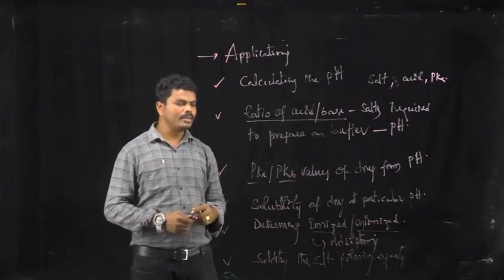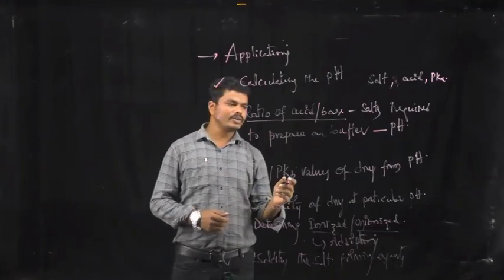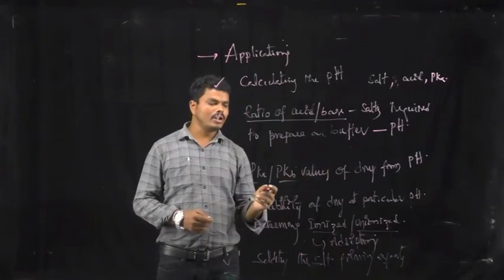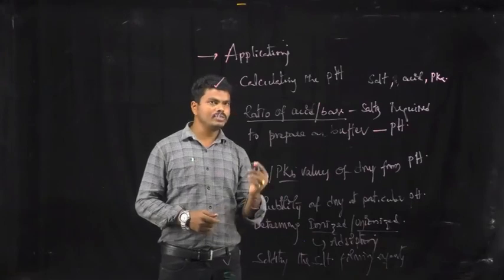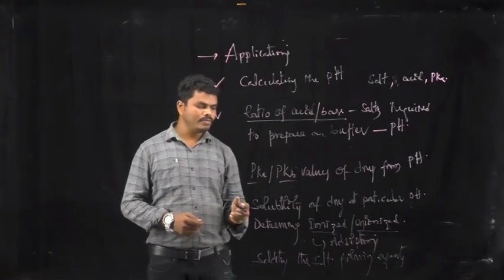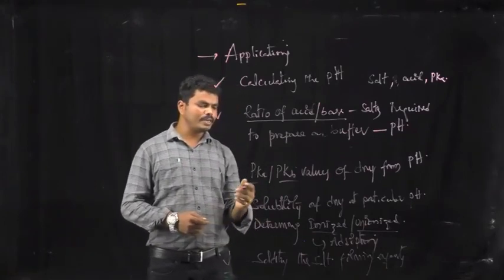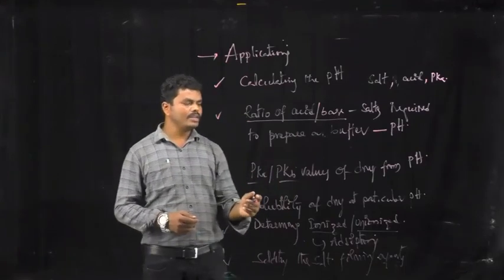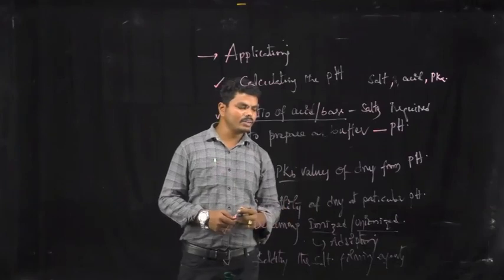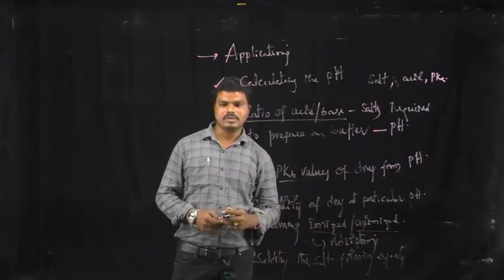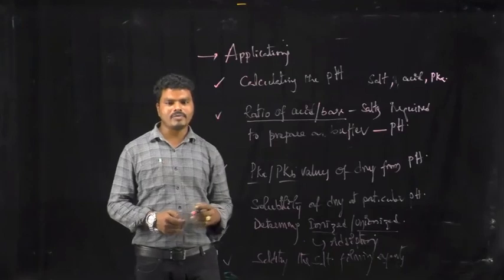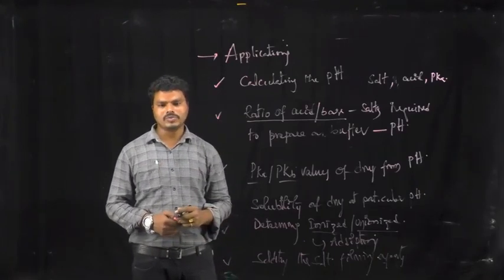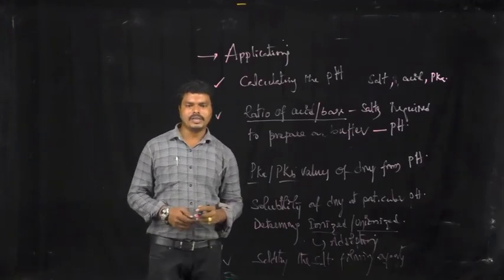We can determine the pKa or pKb values of drugs from pH values, and the solubility of the drugs at a particular pH. By determining the ionized and unionized portions of the drugs, we can understand their absorption pattern. And finally, these equations are very much useful in selecting the salt forming agents.